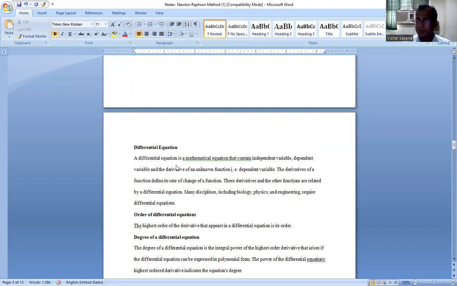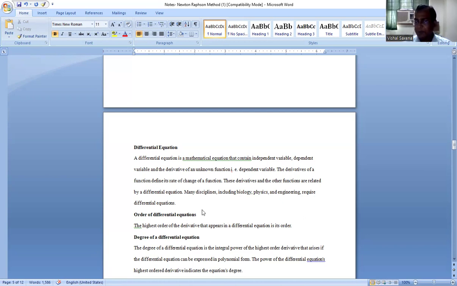A differential equation means a mathematical equation that contains an independent variable, a dependent variable, and the derivative of the unknown function. What is the meaning of unknown function here? The unknown function is called a dependent variable. For example, suppose I take x as the independent variable and y as the dependent variable, depending upon x, then the unknown function here is y, which is also called f(x).